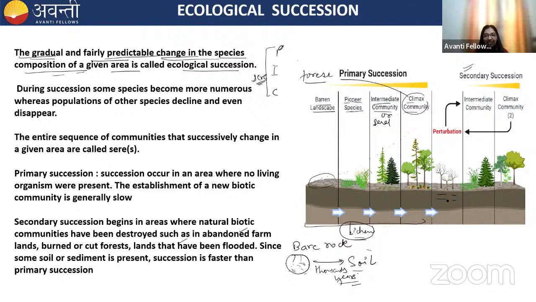Here the secondary succession takes place because the soil is already present, the sediments are already present. So secondary succession occurs at a much faster rate as compared to primary succession.